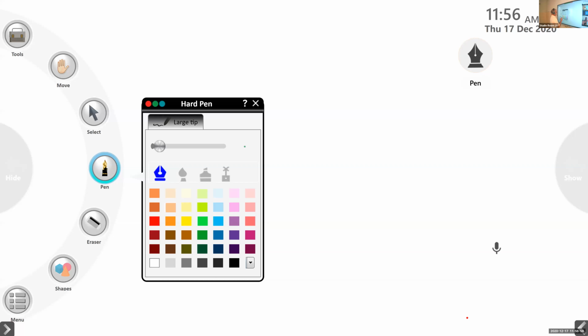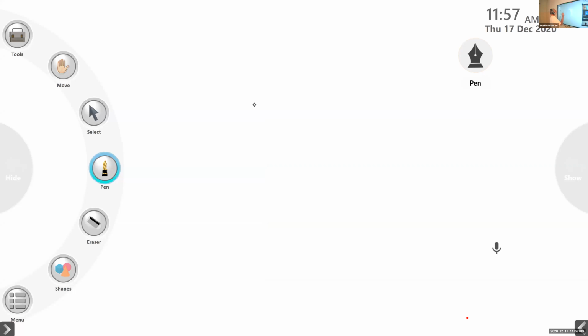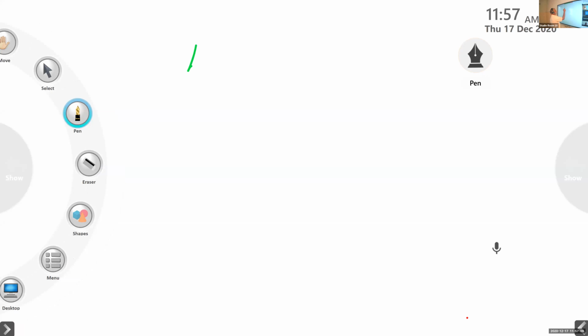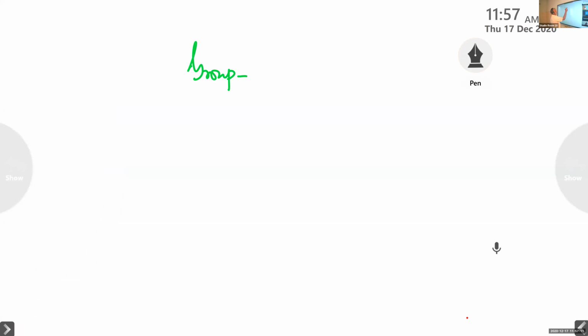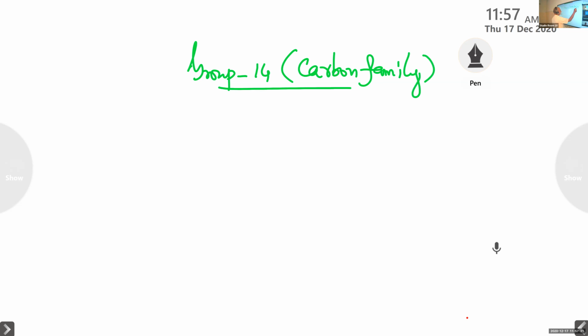The first member in group 14 is carbon, and so group 14 is known as the carbon family.